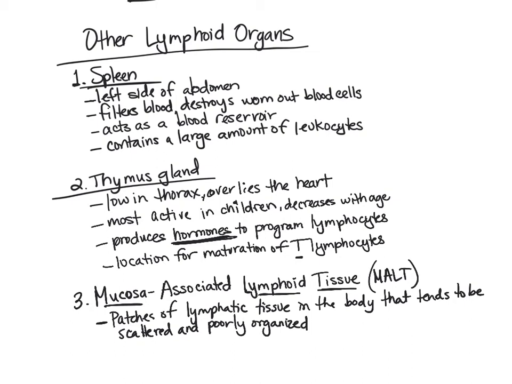And so we see these again in the digestive tract, and the respiratory tract. Also, our tonsils are a type of MALT, and other, we can just say other small accumulations.